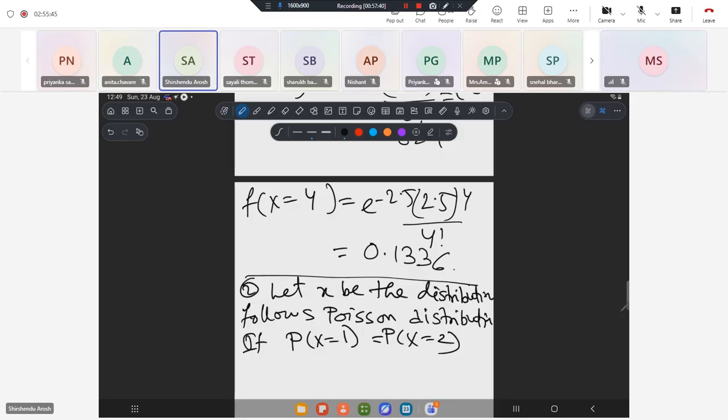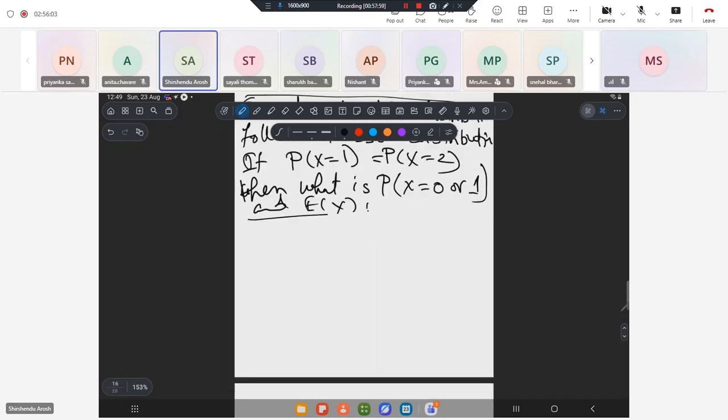Then what is the probability of x equal to 0 or 1, and the expectation of x? So basically, we just find out the parameter, or the E of x. What is given? P(x=1) is equal to P(x=2).